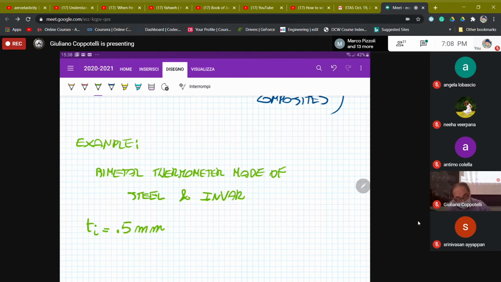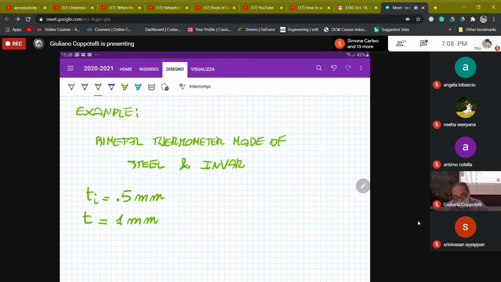The total thickness is 1 millimeter. Alpha corresponding to the INVAR is the one that I already wrote, 1.7 times 10 to negative 6 degrees Celsius to minus 1, whereas the thermal linear expansion of the other material, the steel alloy, is 20.2 times 10 to negative 6 degrees Celsius to minus 1.